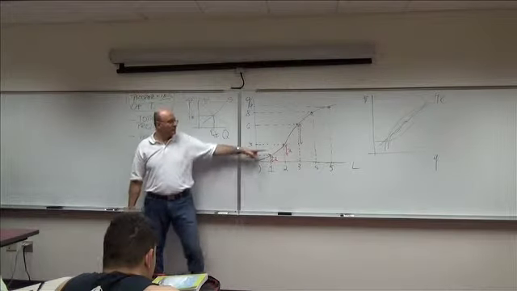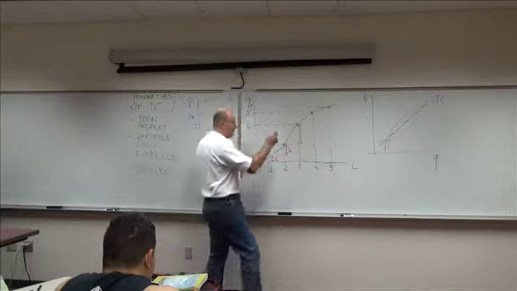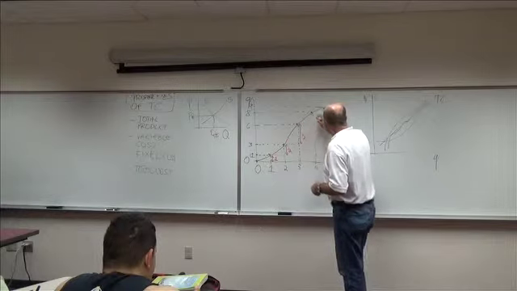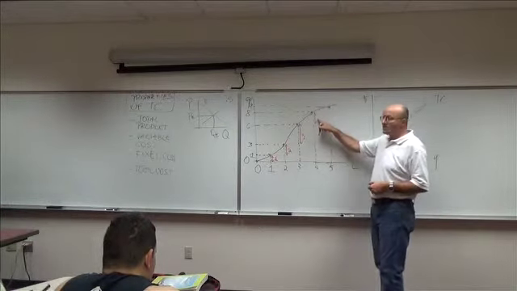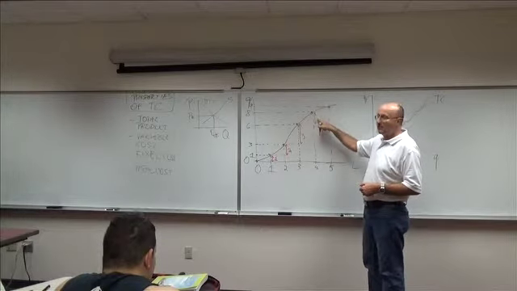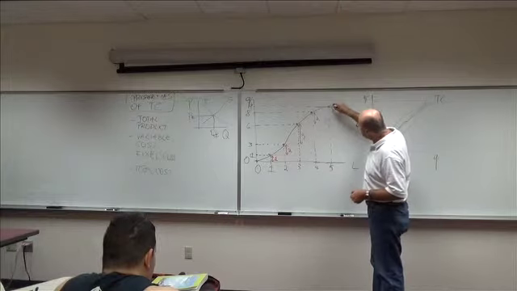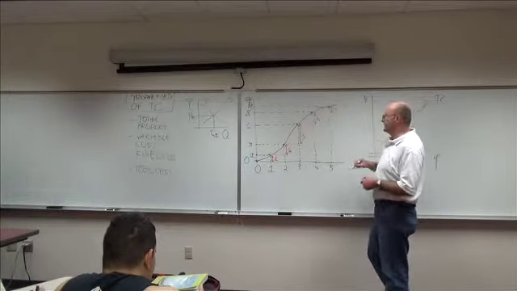How much does output increase when you hire the third person? By 3 pianos. When you hire the fourth person, output increases by how much? By 2 pianos. And when you hire the fifth person, output increases by how much? By 1.